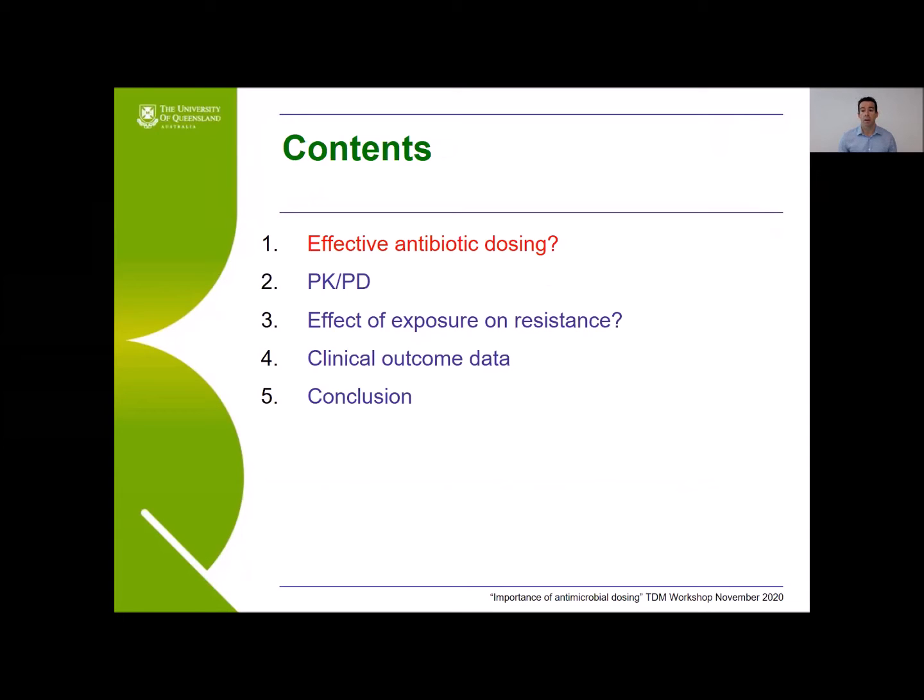Now this is going to be a very high level talk because as you'll see through the program, on some of these topics there will be other speakers that will go into these issues in a lot more detail. Where I will focus a little bit of time is on the clinical outcome data because I think that they show from a quantitative perspective why optimisation of dosing is important and what difference it makes to patients.